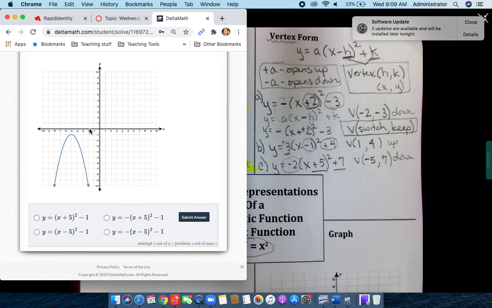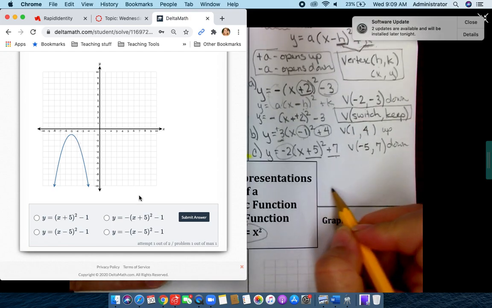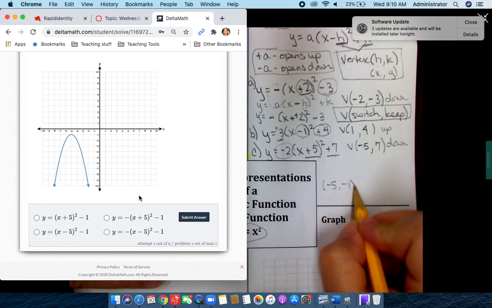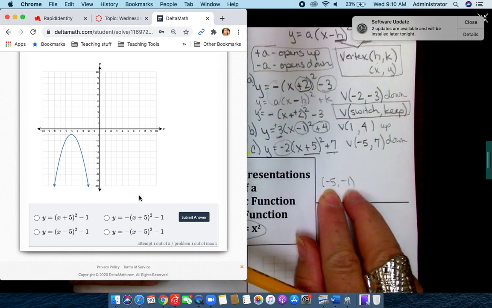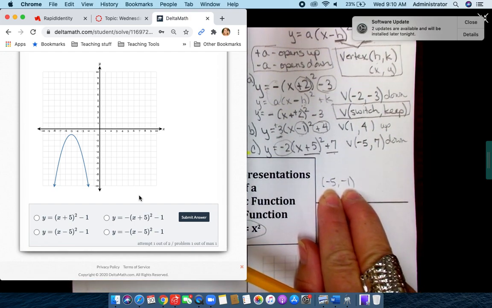So there's two ways you can look at it. You can just identify it first, so it's -5, -1. If my vertex is -5, -1, I'm going to write this over here. If it's -5, -1, I should see +5 -1 in my equation because I switch, keep.